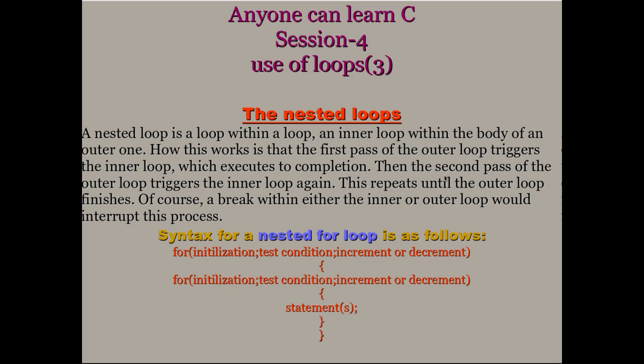Then the second pass for the outer loop triggers the inner loop again, and for the second pass it will again go for the outer loop, then again the inner loop. This repeats until the outer loop finishes. Of course, a break within either the inner or outer loop would interrupt this process.